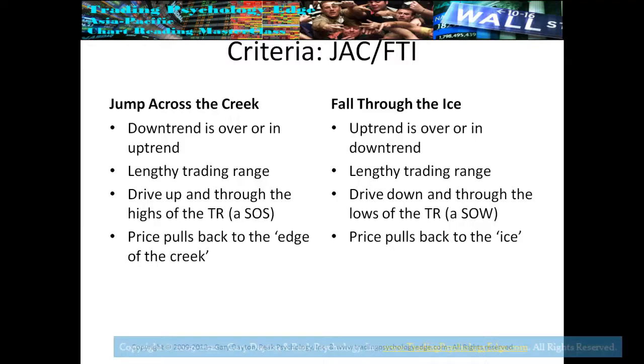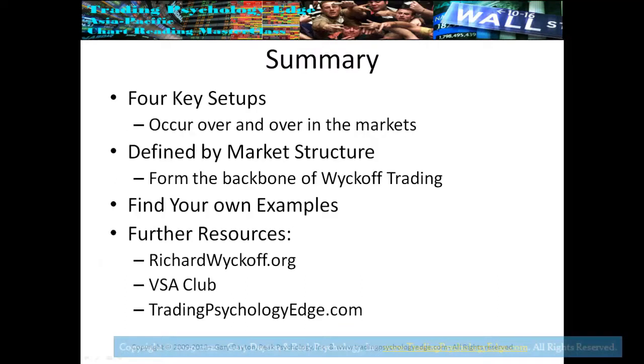But just like the jump across the creek, we should see a good lengthy trading range to allow large traders to get short, to build a short position. We see that sign of weakness, that fall through the ice, a drive down through supports, and then it pulls back up towards supports on low volume.